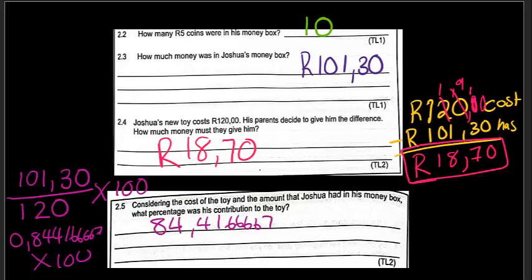But because this is a percentage, we are going to work without decimals. So 0 decimals, which means I look at this number. This number tells me to stay the same. So my answer is going to be 84%. Joshua contributed 84% and his parents gave the remaining 16%. That is the end of question 2.